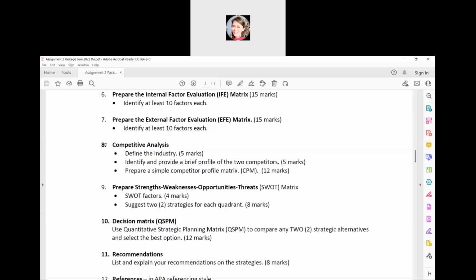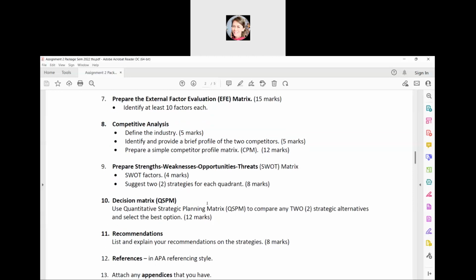Now, moving on to the next one, which is the decision matrix, the QSPM, decision stage. So you will use the QSPM matrix. Again, this calls you to go back to reading and go back to Smart 3.